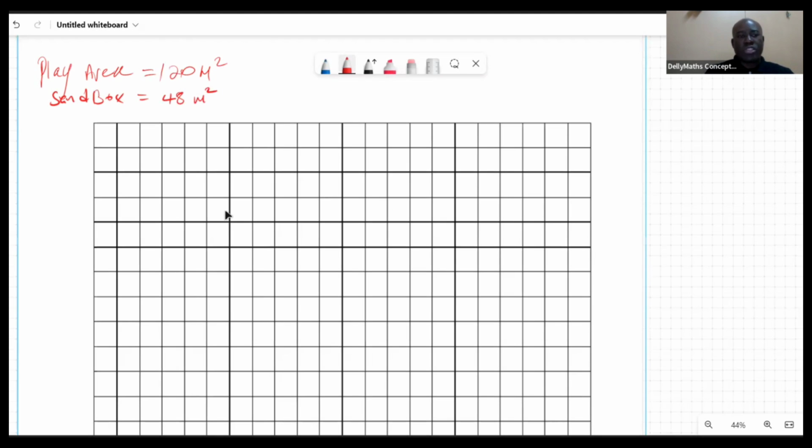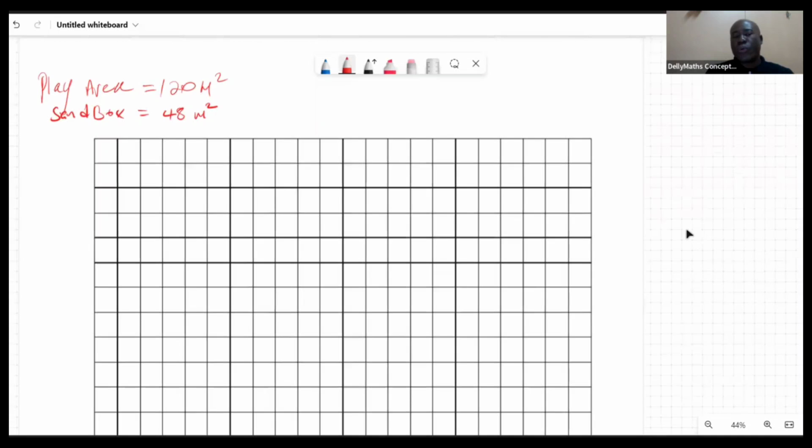So what we want to do is use our skills to put together a rectangle that would have an area of 120. You could play around with numbers. You could use a 10 by 12, a 12 by 10, and as many numbers that can multiply to give you that 120. 12 and 10 seem to be a very good candidate.